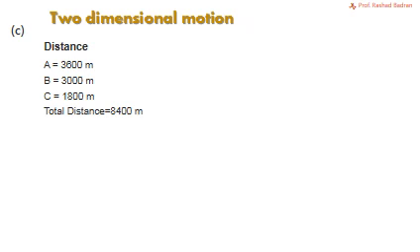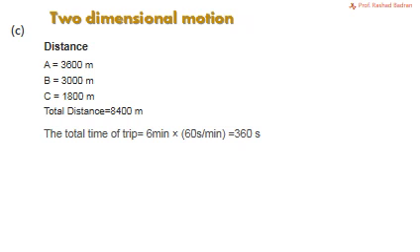The first one is 3,600 meters, the second one B is 3,000 meters, and the third one is 1,800 meters. Add them all together, and we get the total distance of 8,400 meters. This has nothing to do with directions, because the average speed, as we said, is a scalar quantity.